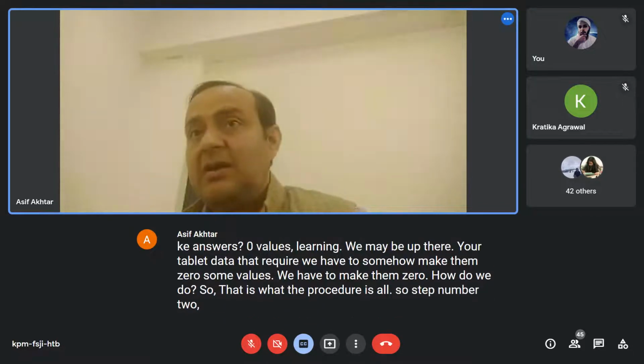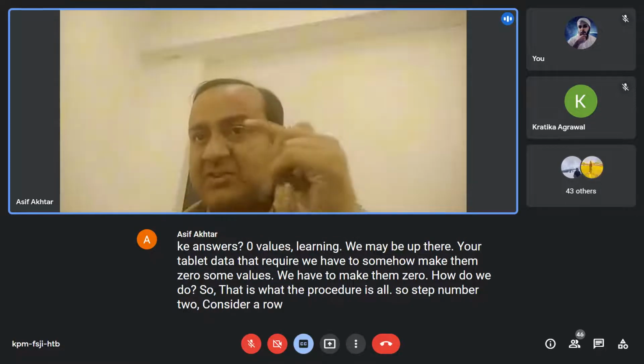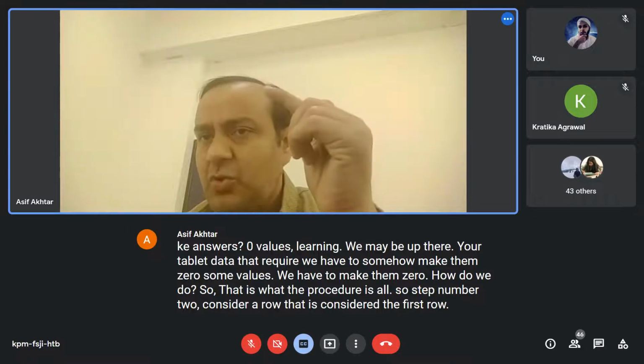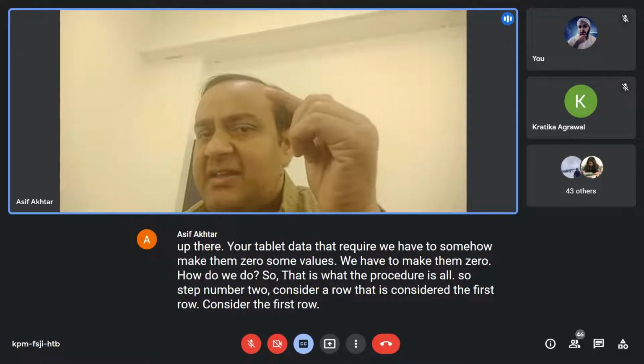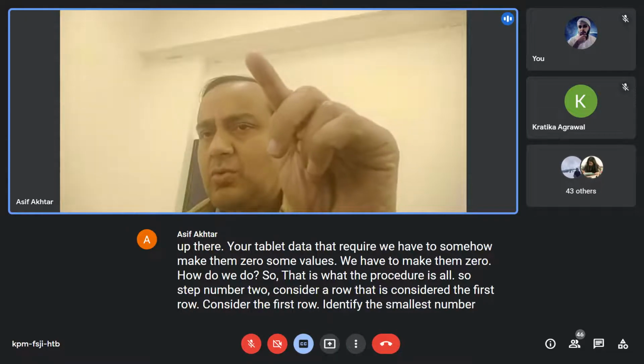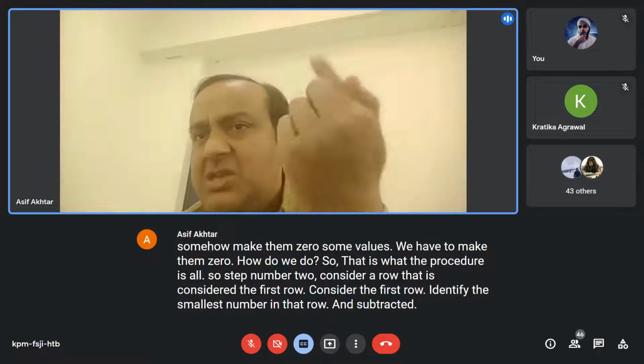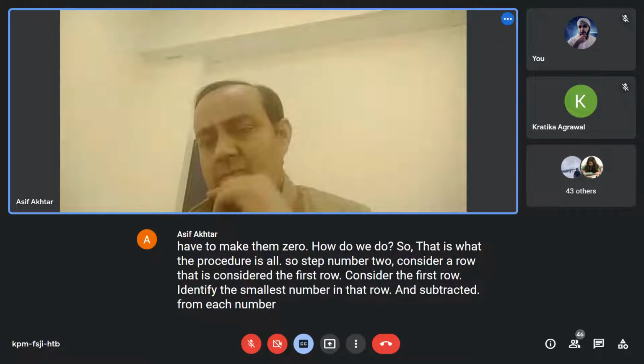So step number 2: consider a row, that is, consider the first row. Identify the smallest number in that row and subtract it from each number of the row.